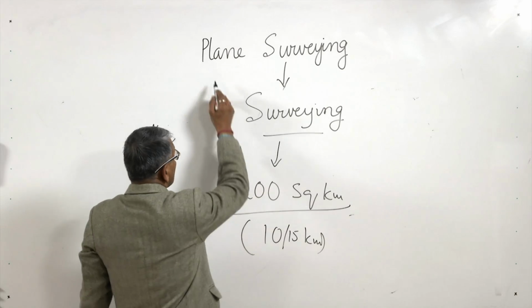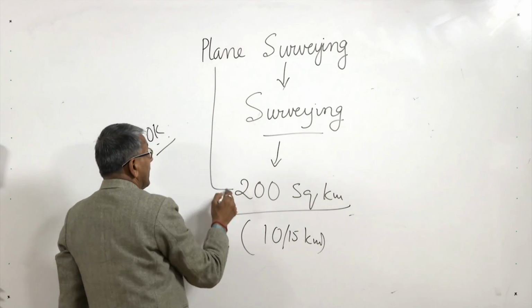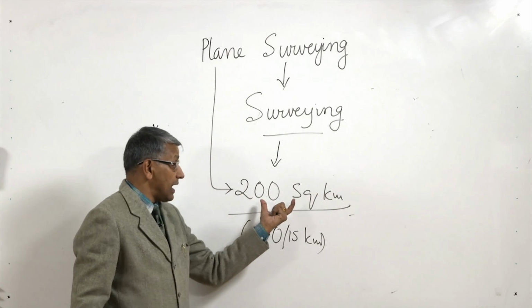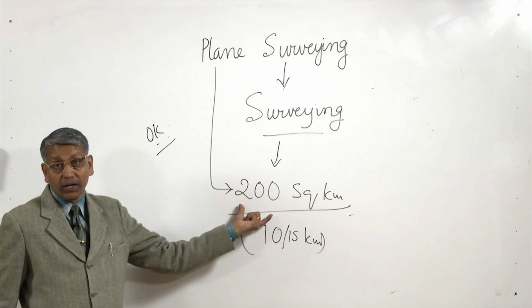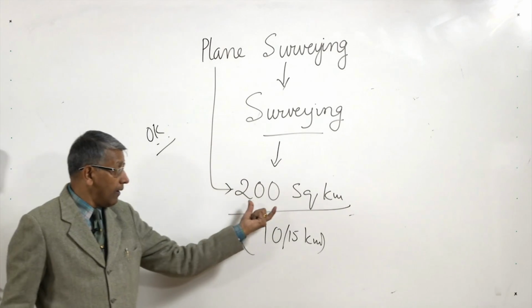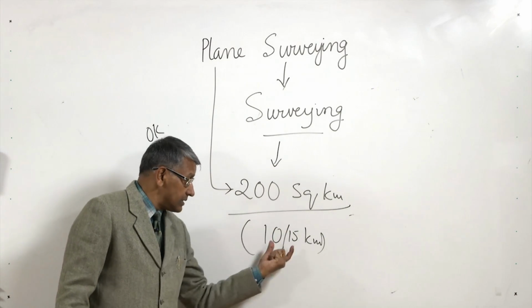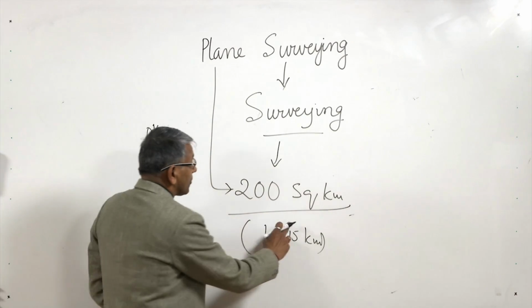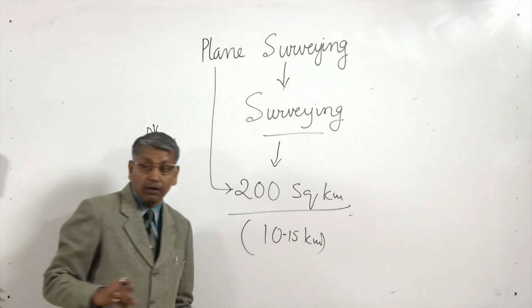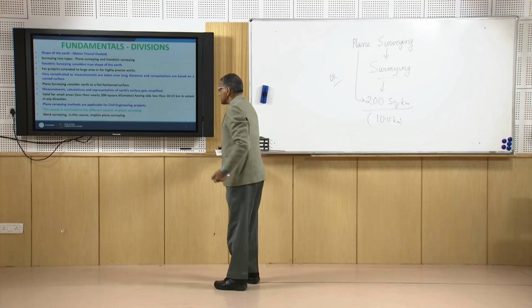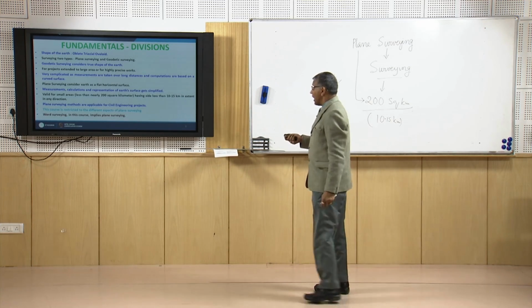So plane surveying is for whenever the area to be surveyed is 200 square kilometers, or any one of the dimensions is up to a maximum of 10 to 15 kilometers.